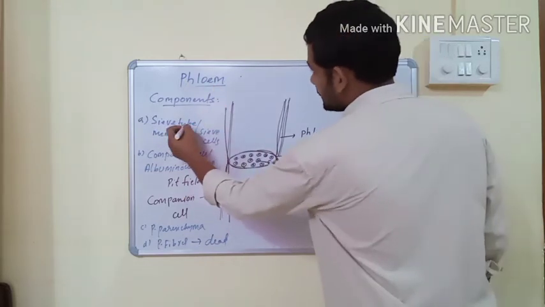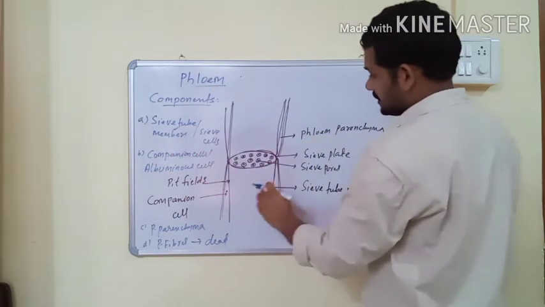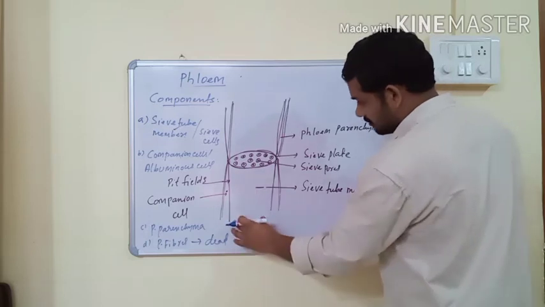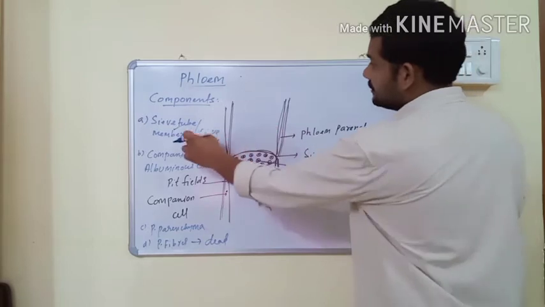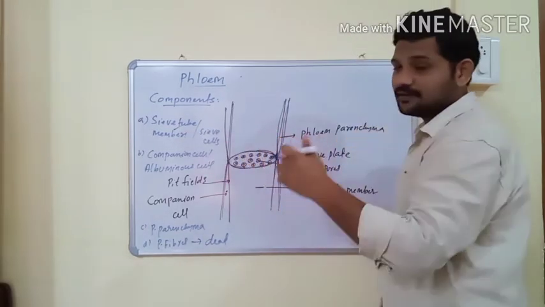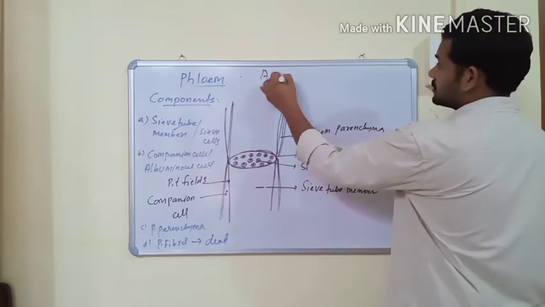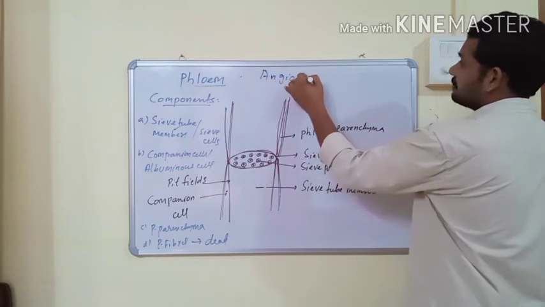These are the four different components of phloem. The first one is sieve tube members or sieve cells. Here to here is one sieve tube member and here to here another sieve tube member. Sieve tube members are the sieve elements of angiosperms, the sieve elements of flowering plants.